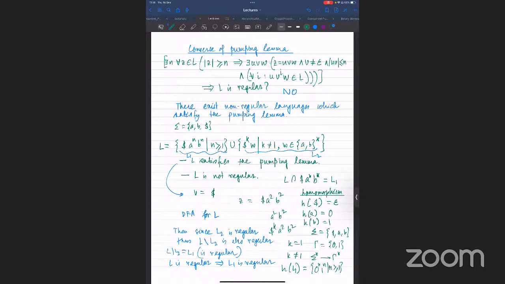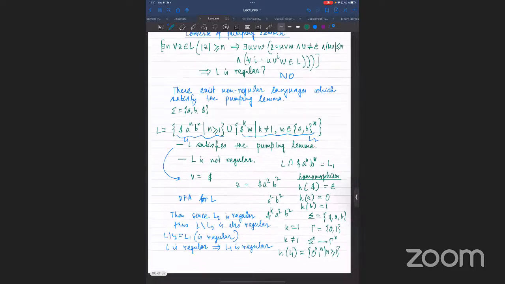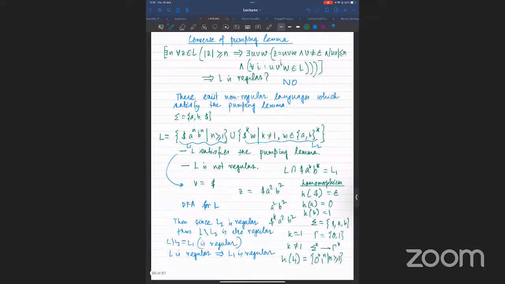Now, what do we know? That if L1 is regular, then H of L1 is also regular. But this we have already shown is not regular. Hence, L1 is not regular. Hence, L is not regular.